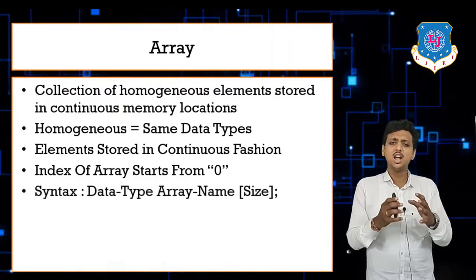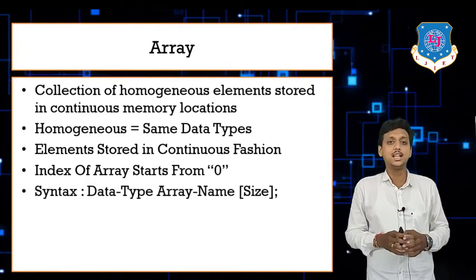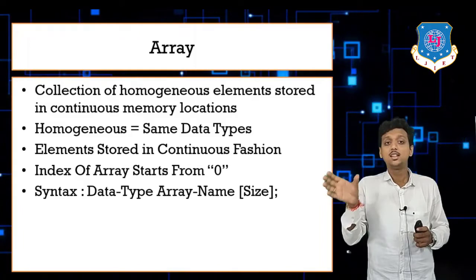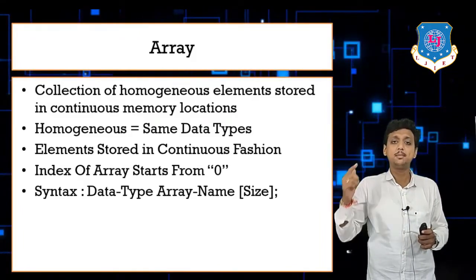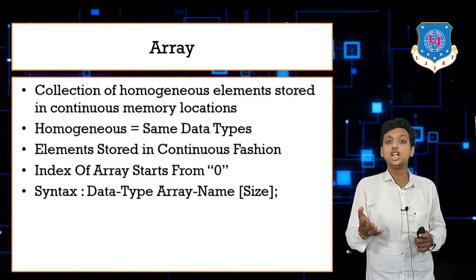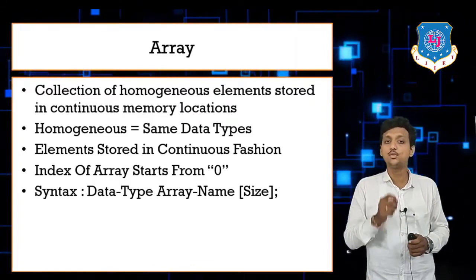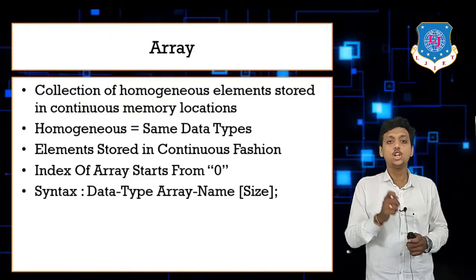Syntax: that's how to define an array. Students, we can define an array by first writing the data type, then the array name, then the size. Data type can be integer, float, character. Array name should be meaningful. If you want to make an array of students, give it a name like std, student, or students.